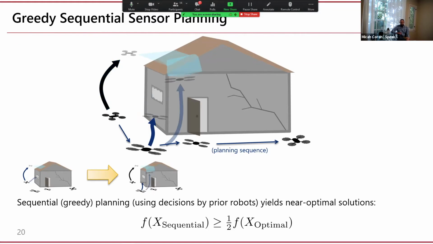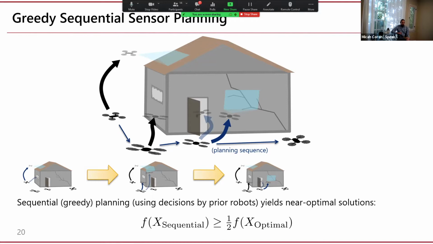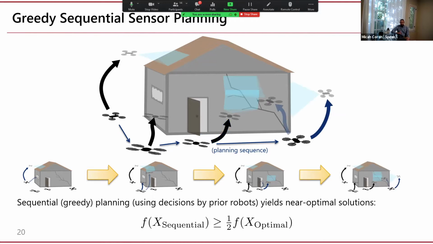One way to solve receding horizon sensing problems is by sequential greedy planning, or what's called submodular maximization. With these greedy planners, each robot maximizes the collective perception reward for itself with access to the previous robots' decisions, each optimizing its trajectories with one of the single robot planners we discussed earlier.